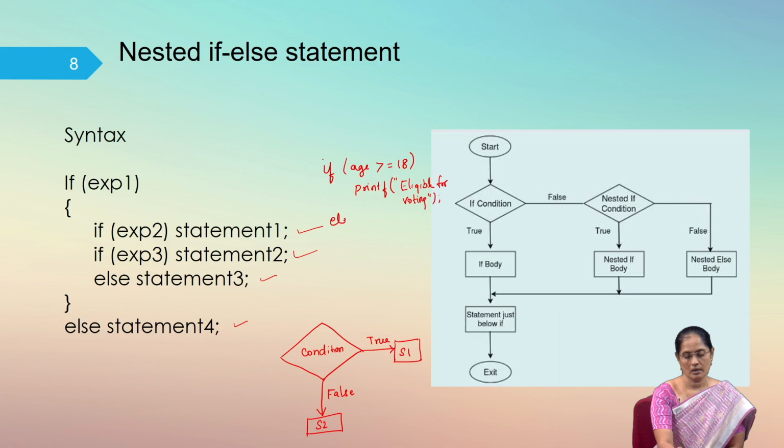Else, if the condition becomes false, I am just going to print not eligible for voting.